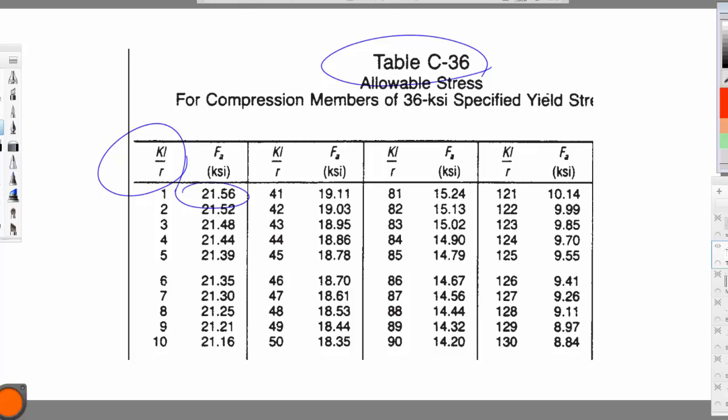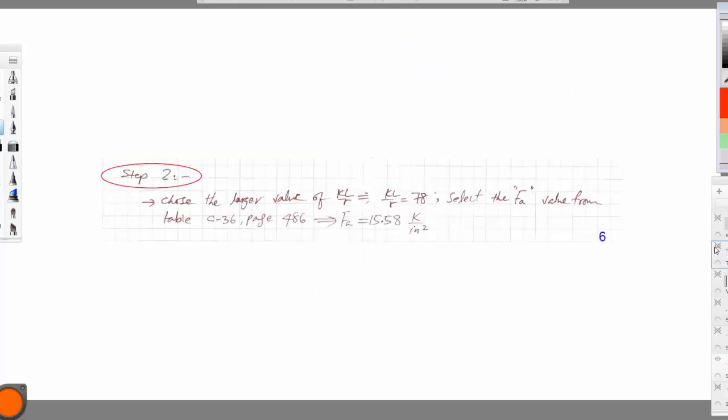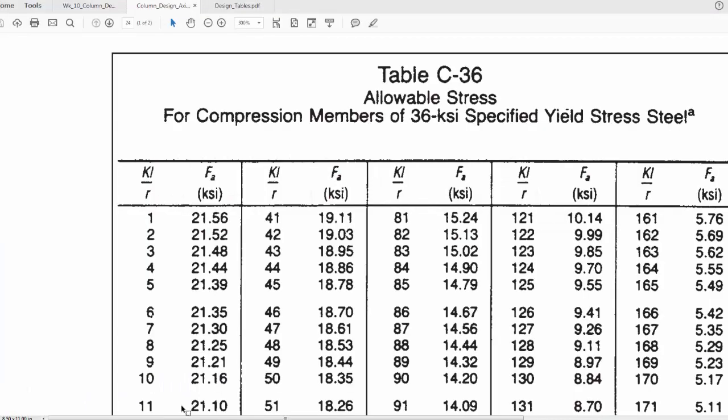So step number 2 says choose the largest value of KL over R. In this case it is 78, and go to FA to see what the value is.